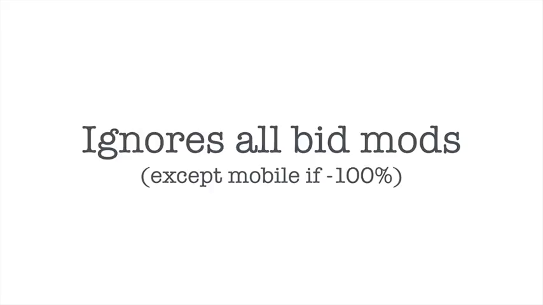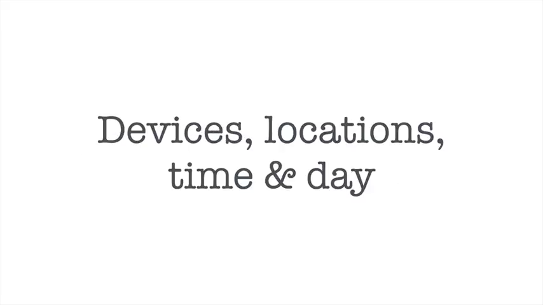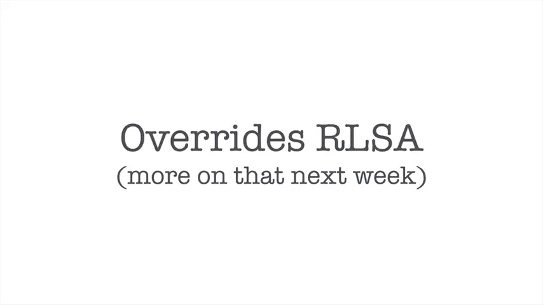CO, as does Target CPA, ignores all of your bid modifiers, or your bid adjustments. The only one it takes into account is if you've got mobile turned off, i.e. you've got your bid mod set to -100%. So all of those bid mods that you've carefully crafted over time for device, location, time of day, and RLSA, it's going to ignore and do whatever it wants to your bids.